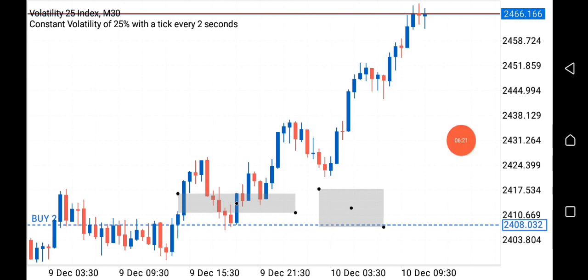You can see that there is an imbalance here. So the market has taken out this high and then left an imbalance that needs to be filled. So the market came back to that block.